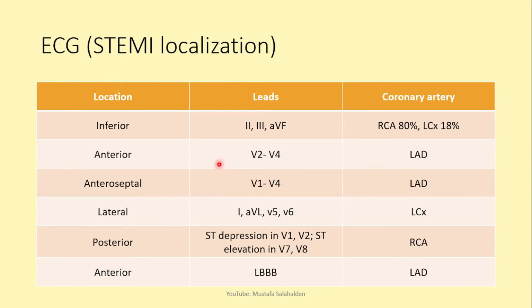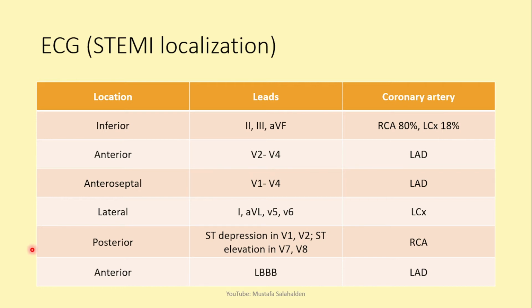The anterior is in the V2 to V4 leads, and it involves the left anterior descending coronary artery. The anteroseptal is in leads V1 to V4, also in the left anterior descending artery, and the lateral is in leads 1, AVL, V5, and V6, and it is in the left circumflex artery.